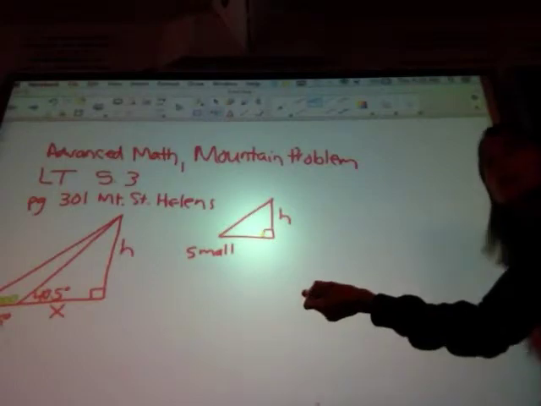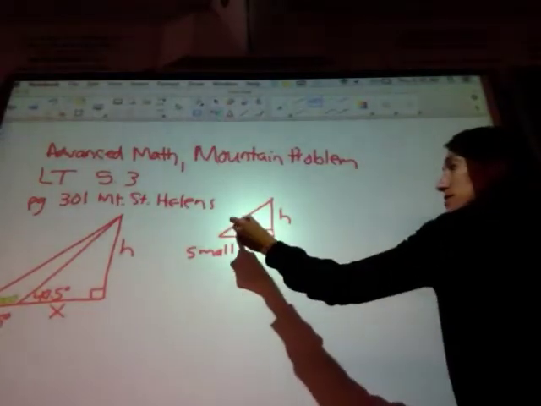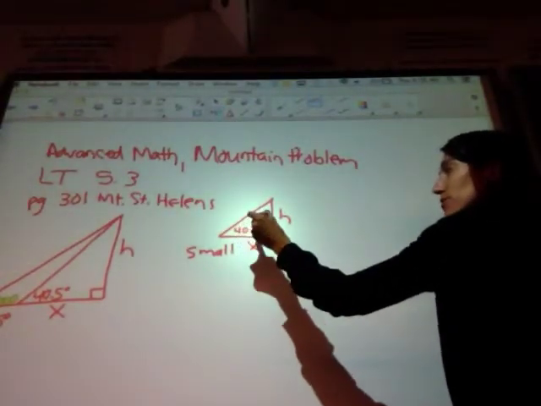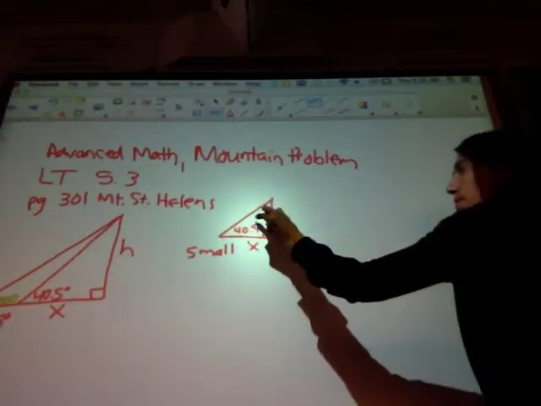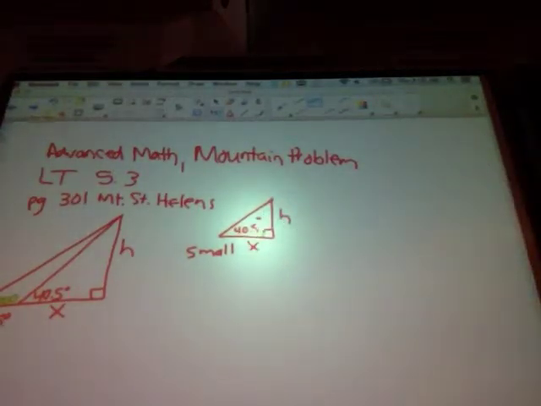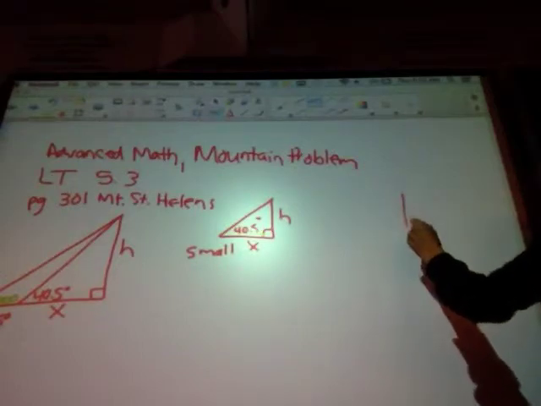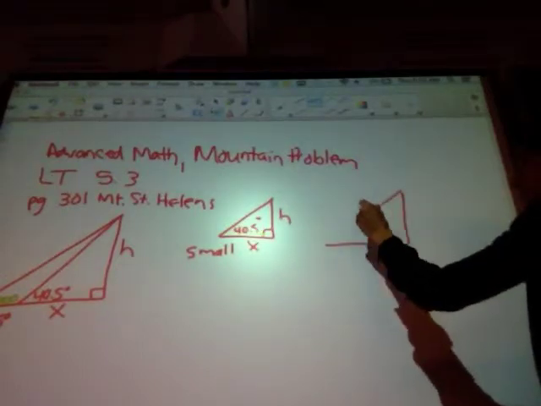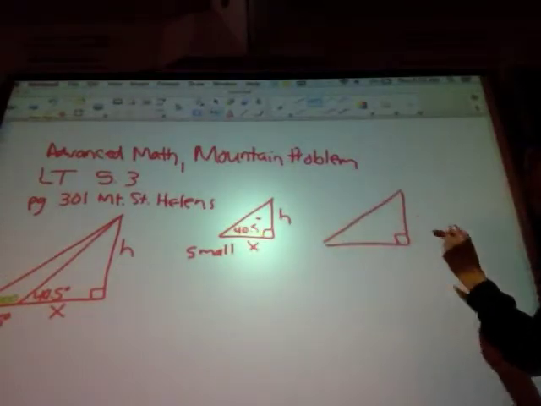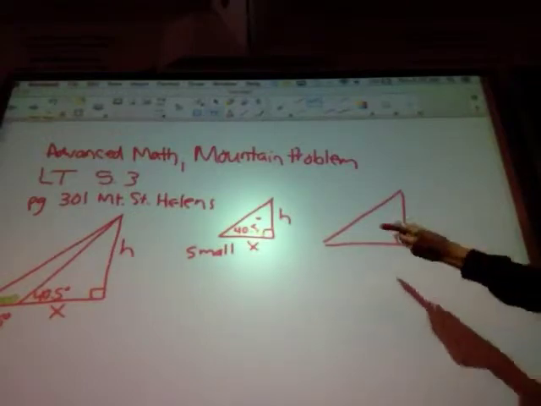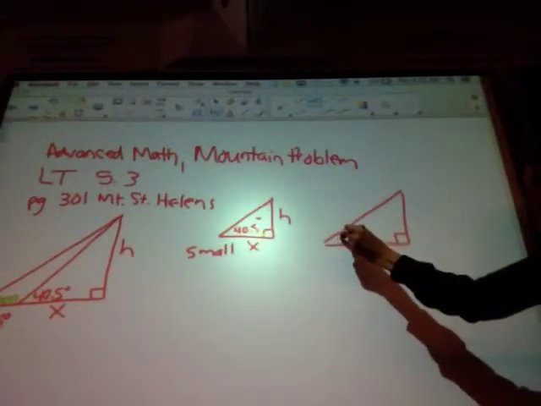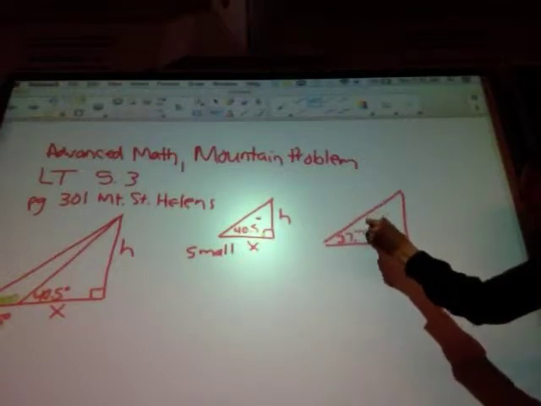So we all have H, X, and 40.5 degrees. In the bigger one, my angle is what? 37.75.